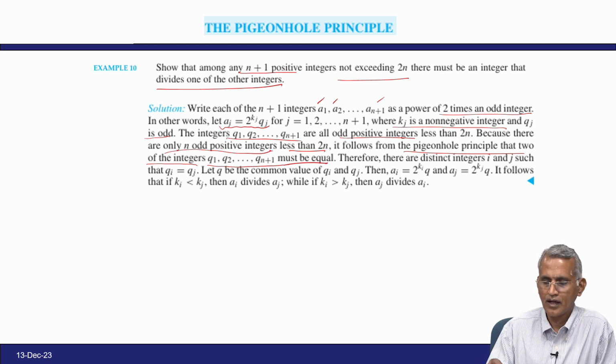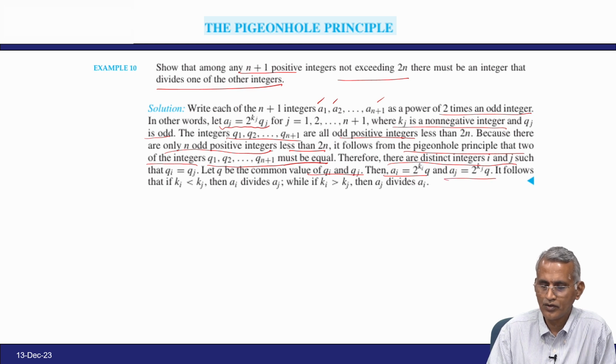Therefore, there are distinct integers i and j such that qi equals qj. Let q be the common value of qi and qj. This implies that ai equals 2 power ki into q, and aj is 2 power kj into q.